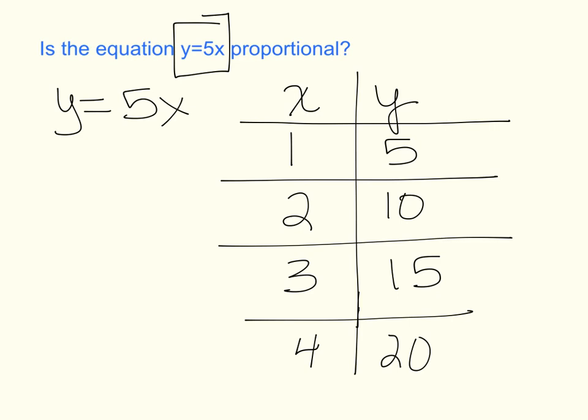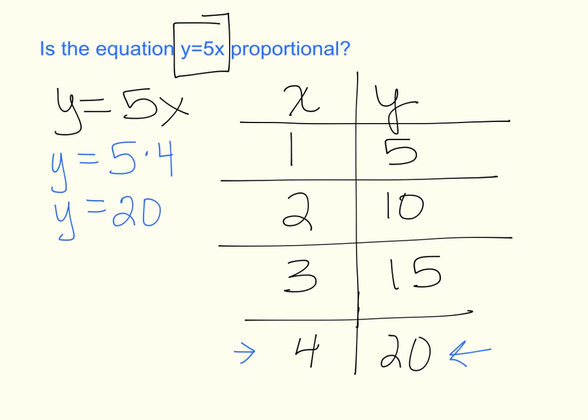So for example, for this last entry, if x equals 4, I plugged in 4 instead of x. So 5 times 4 is 20, so y equals 20. That's how I got that 20 there. And I did that for each one in my head. As they get more complicated, you might have to show the work for each step, but for these, you can just fill in the table.